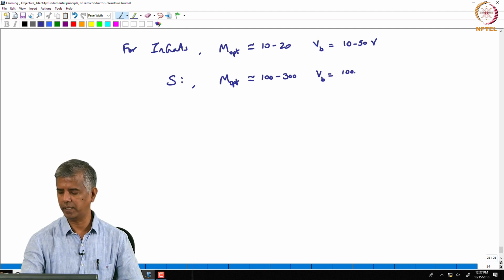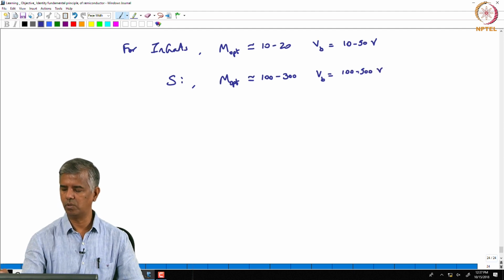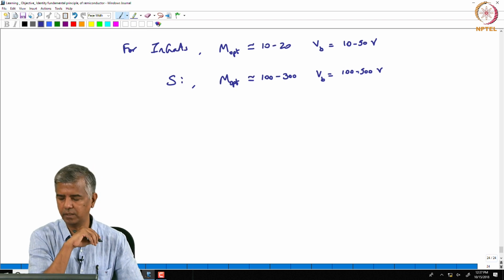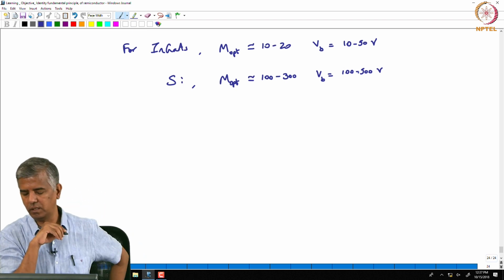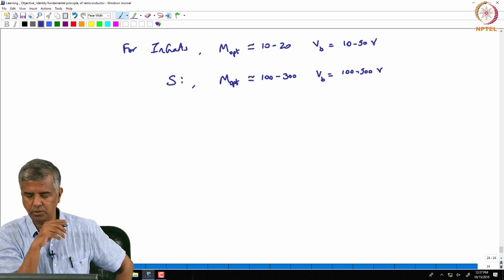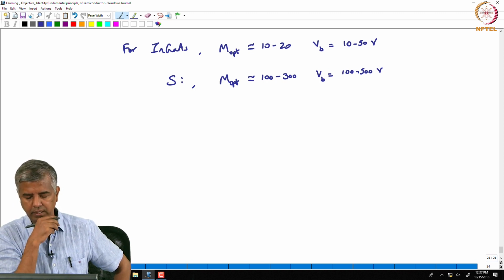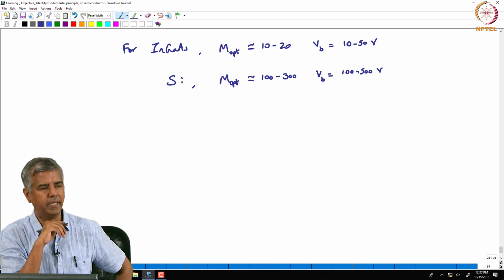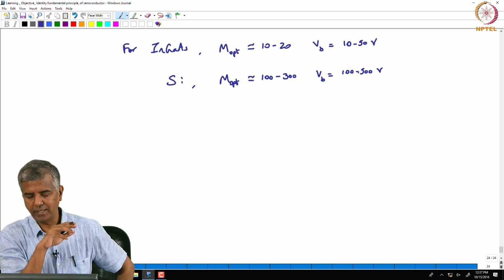It is typically 100 to 500 volts operating voltage to get that gain. But yes, you are able to finally get a much higher gain with silicon than with indium gallium arsenide. That is one picture.